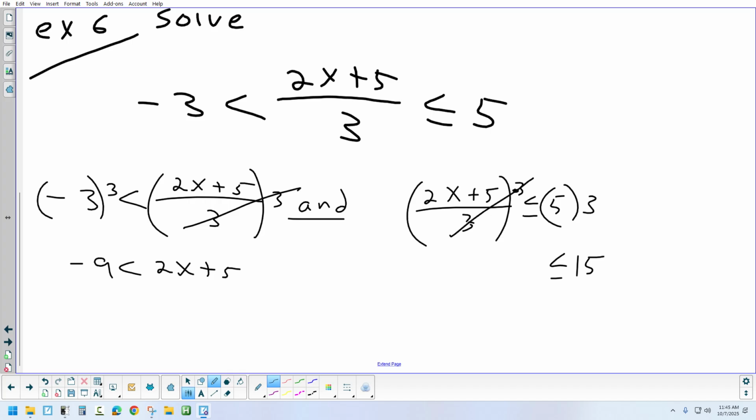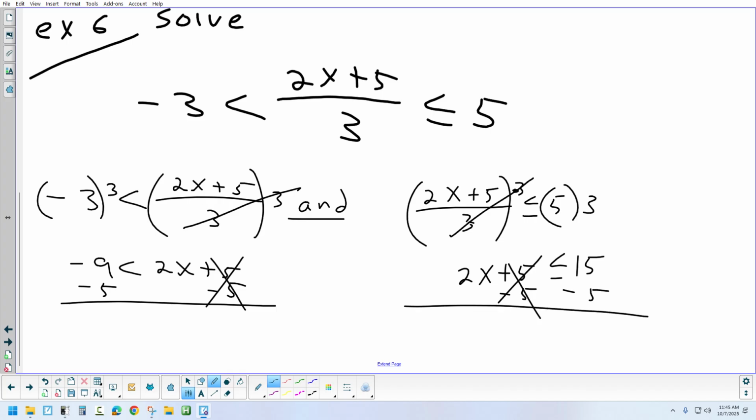And those 3's cancel. And what's the next step? Yeah. You would subtract the 5 and go back to 5. So we do it there. That's gone. Do it there. That's gone.